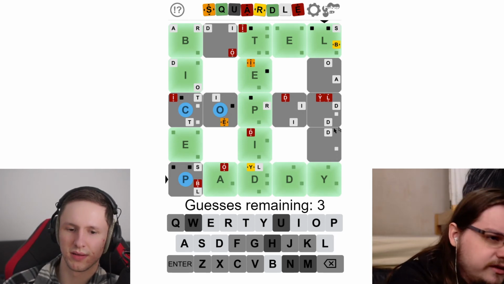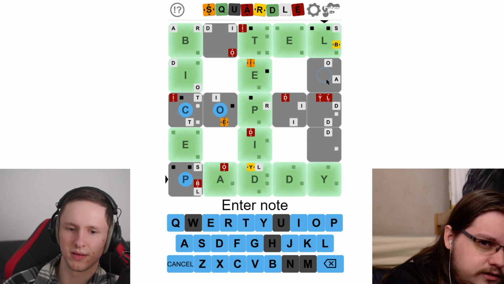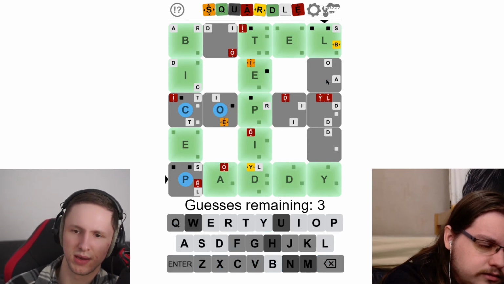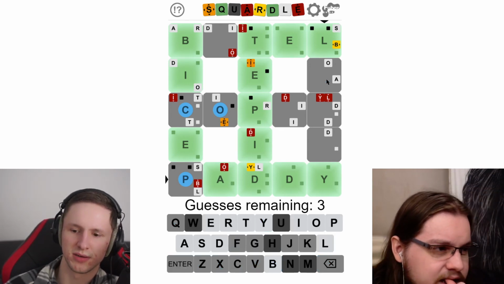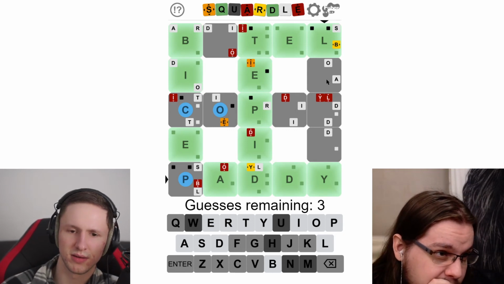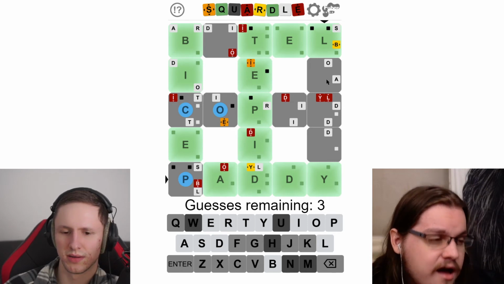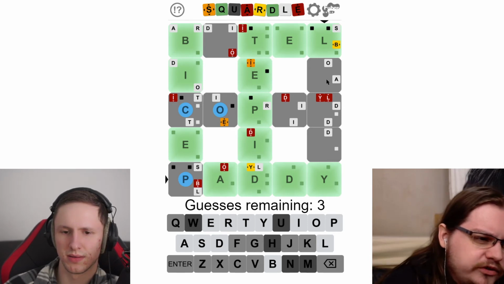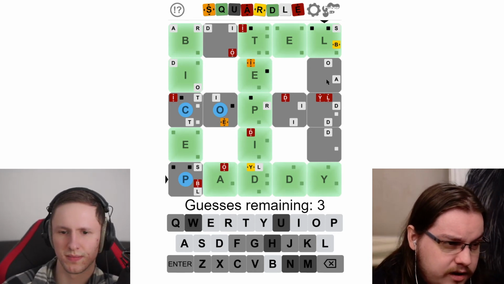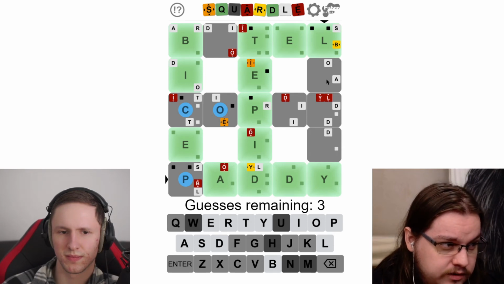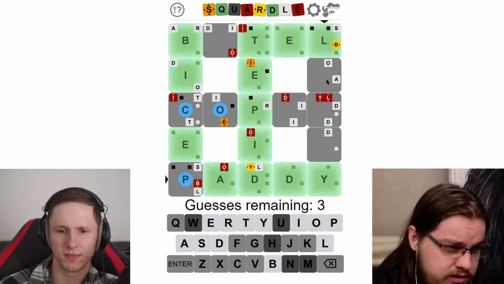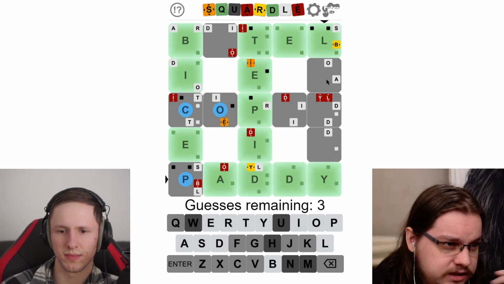Wait, so you're saying the second letter has to be a vowel? I probably can't come up with any sensible combination starting with L and a consonant. Good point. Okay, so no O's, A's, or U's. So it could be an I, it could be an E.